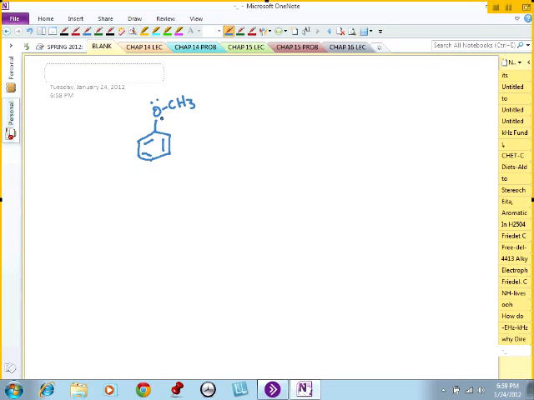Supposing I have that, and let's say I somehow found a way to generate the electrophile, this carbocation. Remember when we did the Friedel-Crafts alkylation, we generated the carbocation, so we formed the electrophile. This is your E+. Now what happens? Electrons come here, attack this.